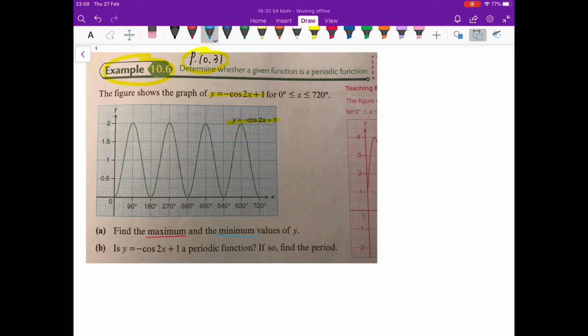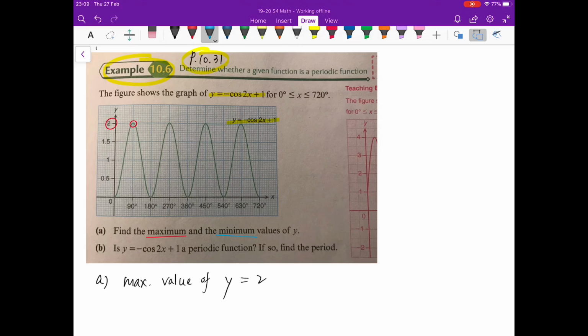So from the graph, can you help me to see where is the highest point? It is obvious. The highest point should be here. And what is the corresponding value? Yes, it is 2. Then we can already answer the question. The maximum value of y equals 2.